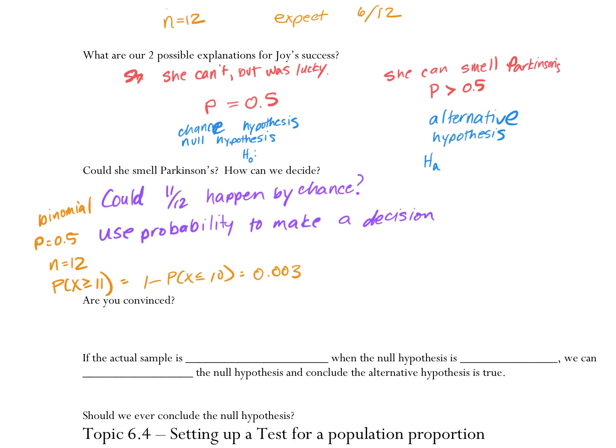Could it happen? Yeah. But I don't know about you guys. If something has a 0.3% chance of happening and it happens, I'm going to assume that something else is wrong. So this probability is very convincing to me.